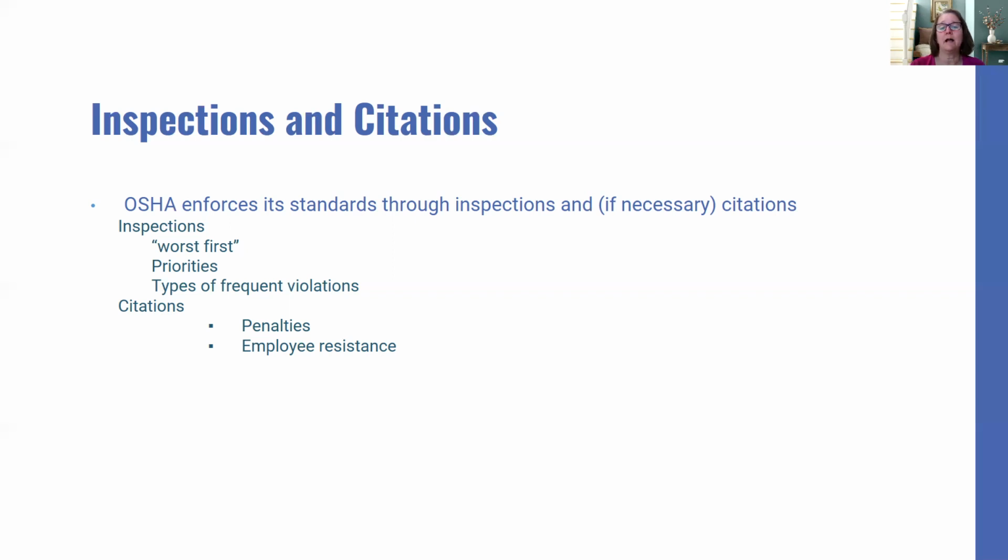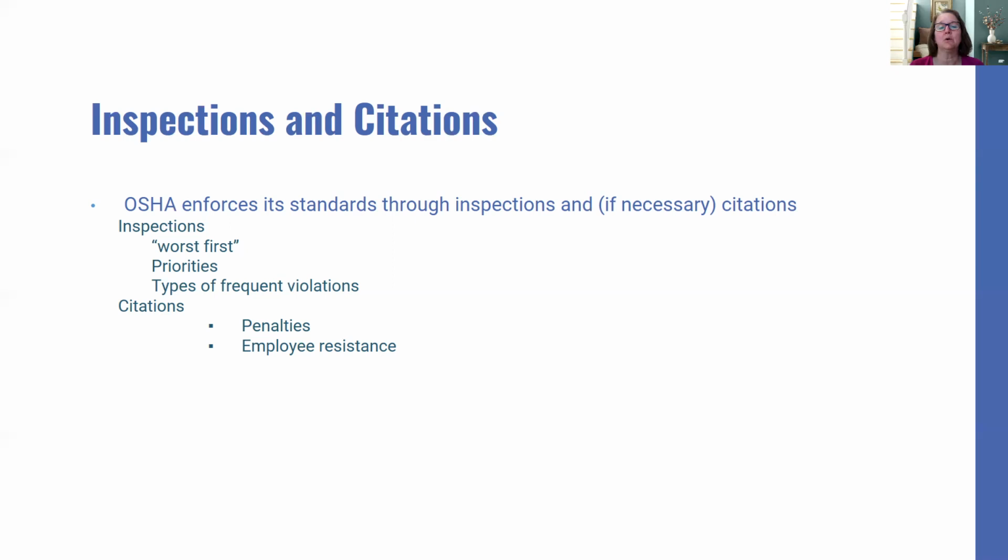They can look at all types of violations, and in some areas they pay more attention than in others. Usually they look at things such as scaffolding, fall protection, hazard communication, lockout/tagout, electrical disentanglement, and respiratory problems.